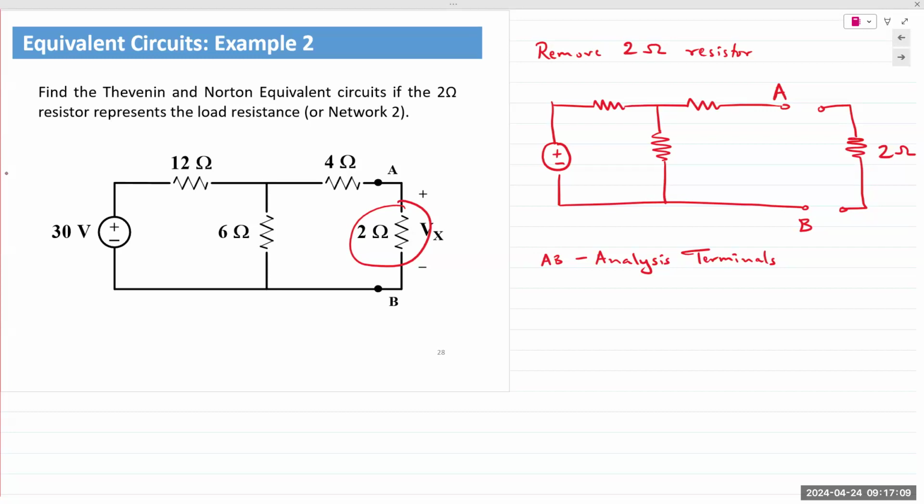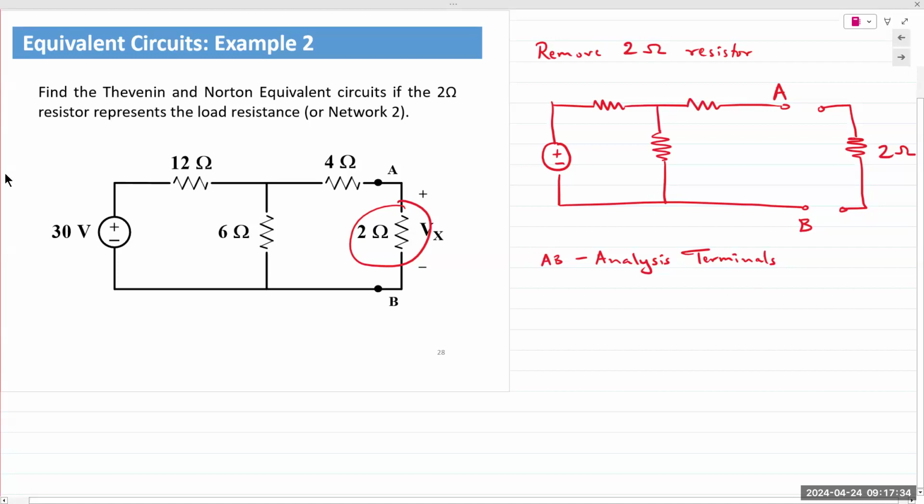The only thing we have here is a voltage source. And so you replace that with a wire and you redraw the circuit. Redraw the same circuit, except in place of the voltage source, now you have a wire.